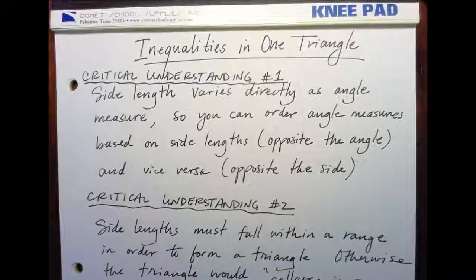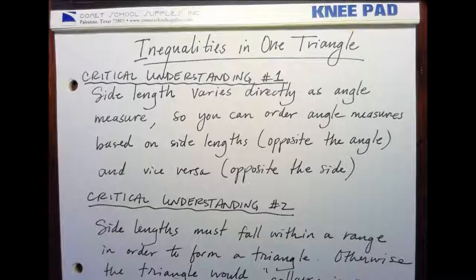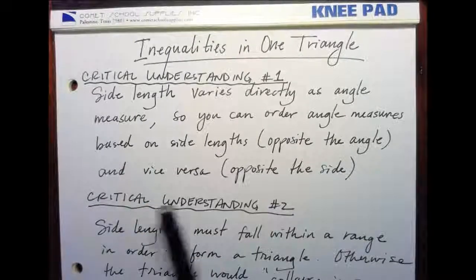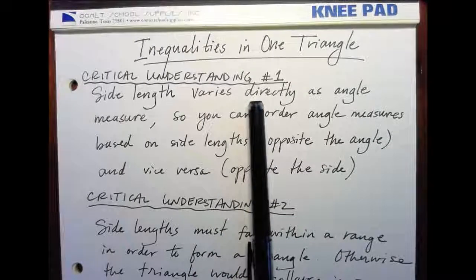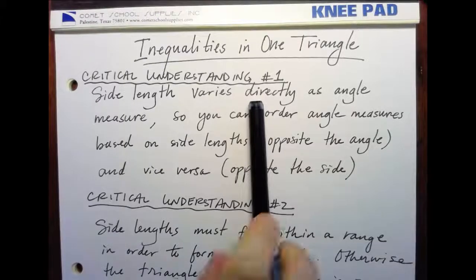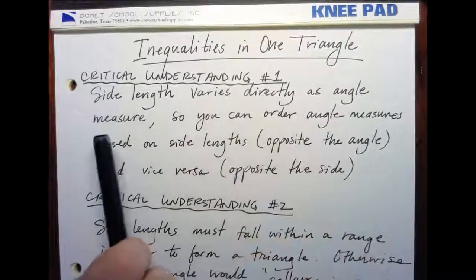So I've broken this down into 2 critical understandings for the day. Critical understanding number 1 is that the side length varies directly. Varies directly, of course, means that if one gets larger, the other has to get larger as well. Side length varies directly as angle measure.